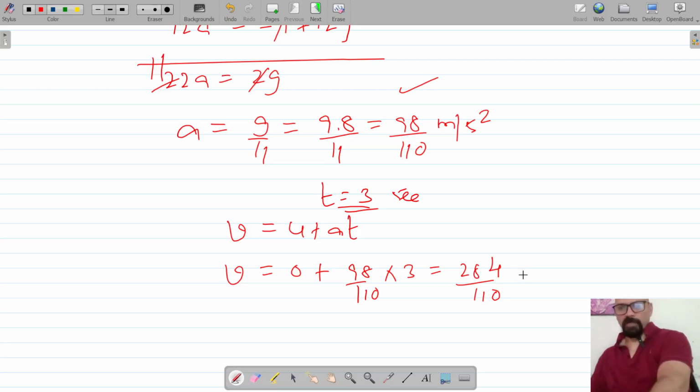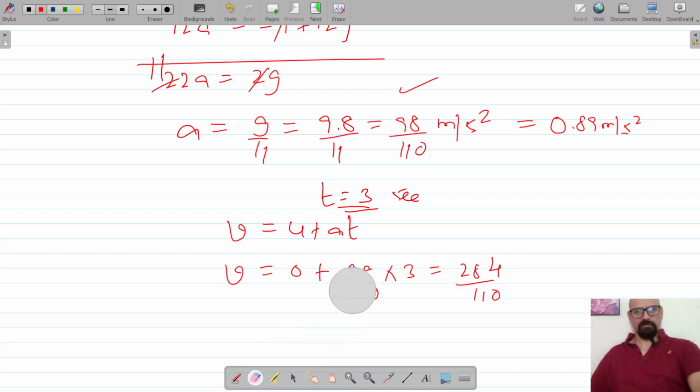If I divide 9.8 by 11, it should give me 0.89, and 0.89 times 3 should give me 2.67. So a is 0.89 meter per second square.